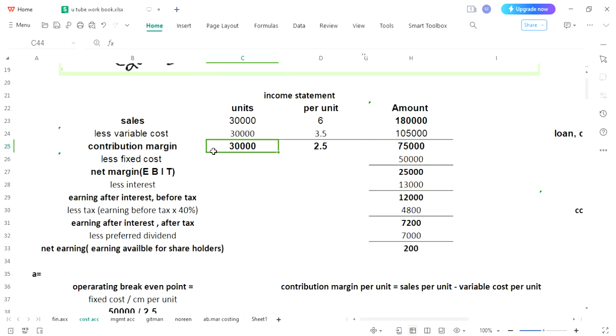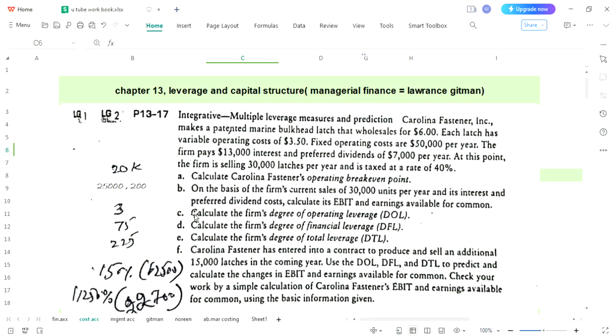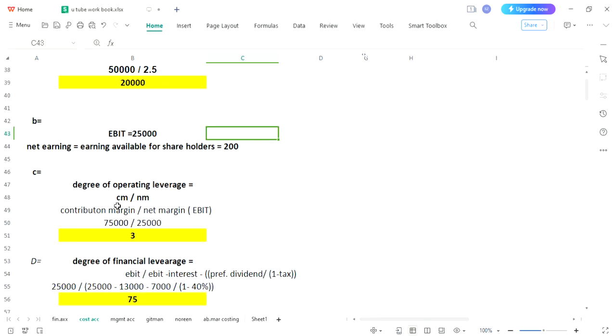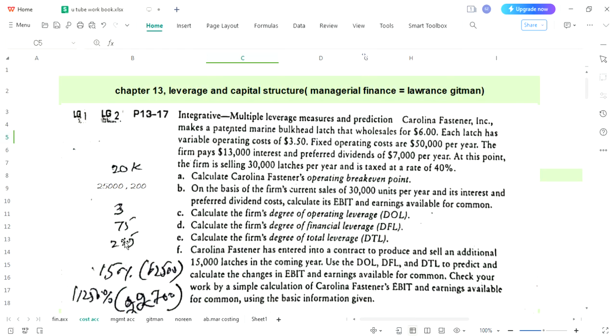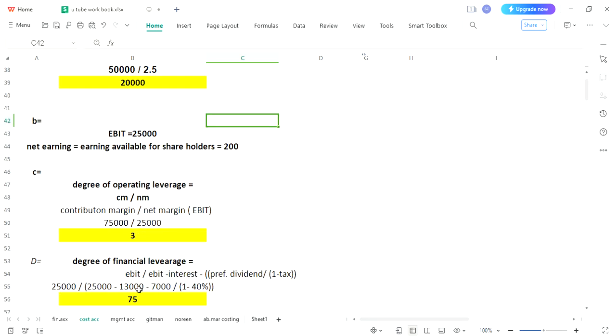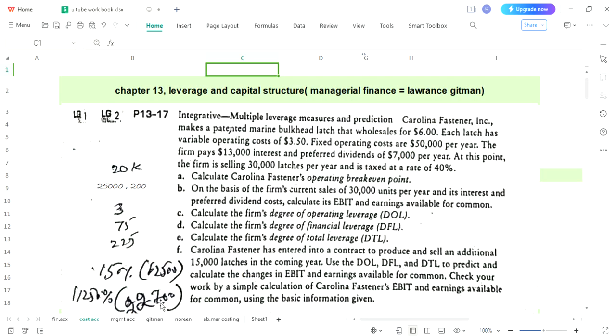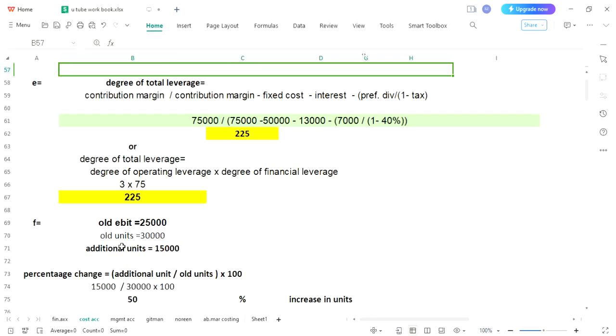Then you have seen your C part is 3. Then D part was 75. Then we have E part, 225, with two methods.